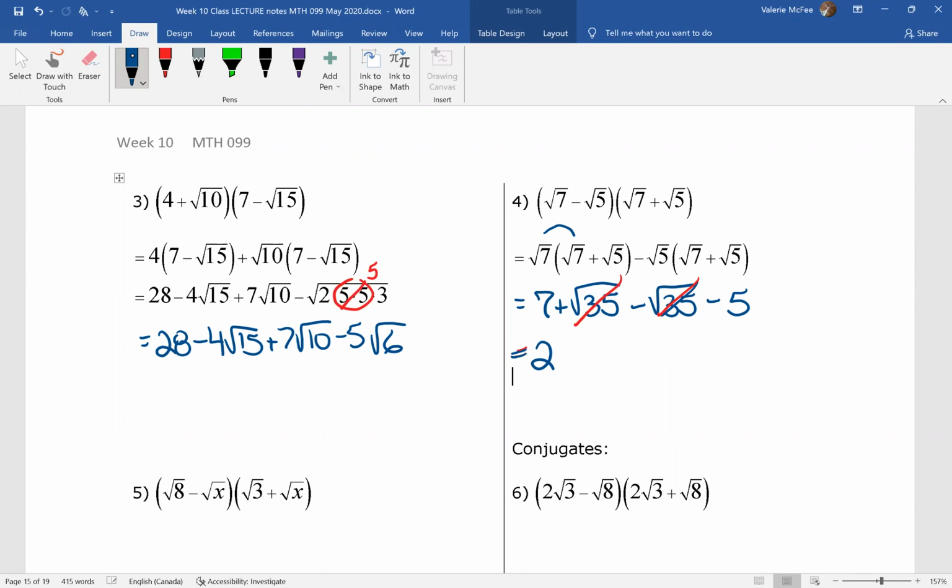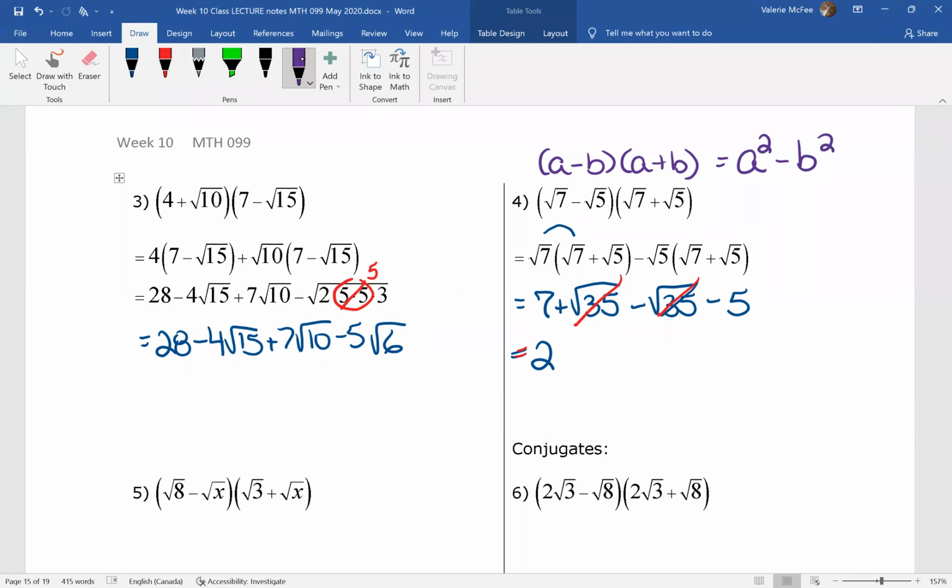Did you get that? Interesting. Did you recognize that this was in the form a minus b times a plus b? We know that that should give us a product of a squared minus b squared.